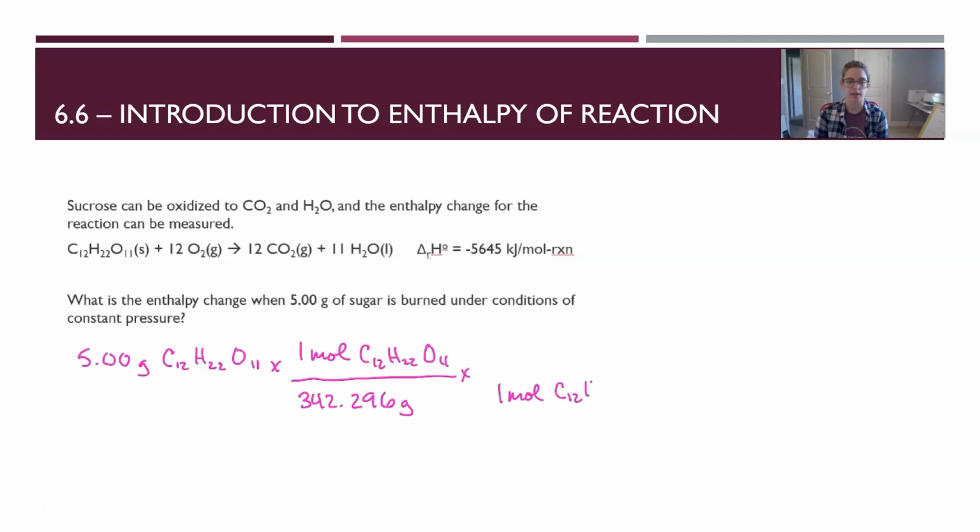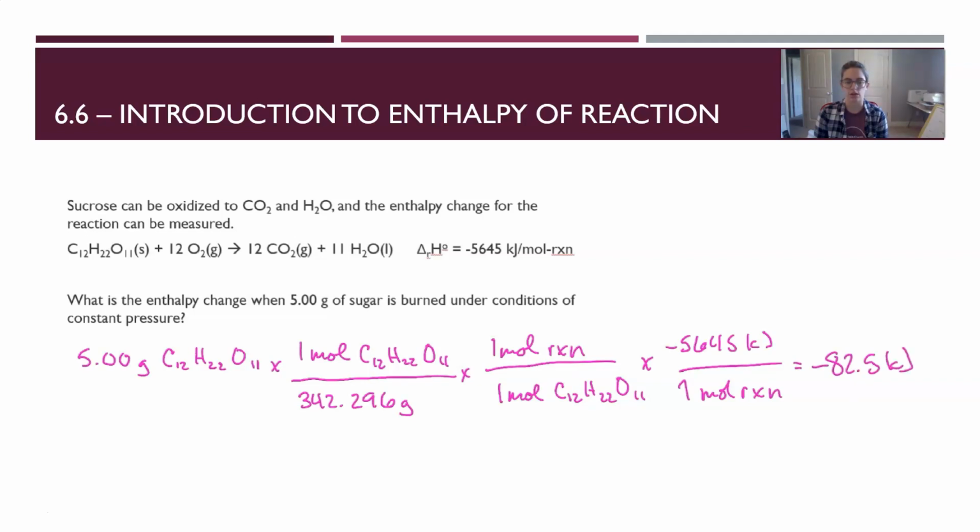And then I'm going to look at my coefficients, and in 1 mole of the reaction, we're going to use 1 mole of C12H22O11 because there are no coefficients, so it's just a coefficient of 1. And then our enthalpy is negative 5,645 kilojoules. So then we cancel out all of our units, and we end up with negative 82.5 kilojoules of energy released when we burn 5 grams of sucrose.